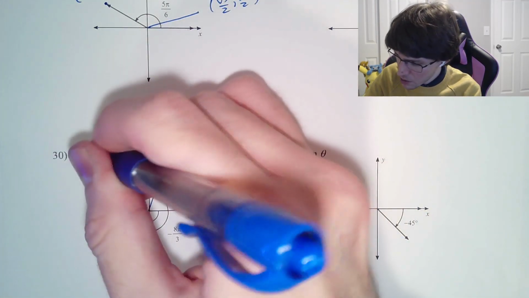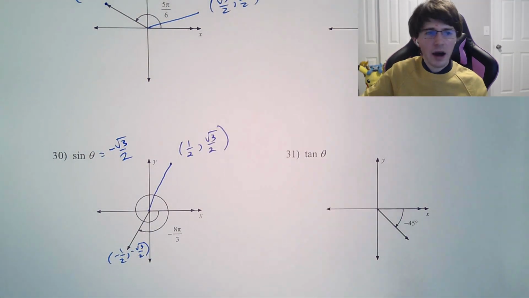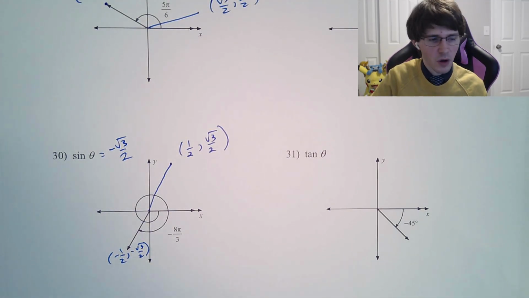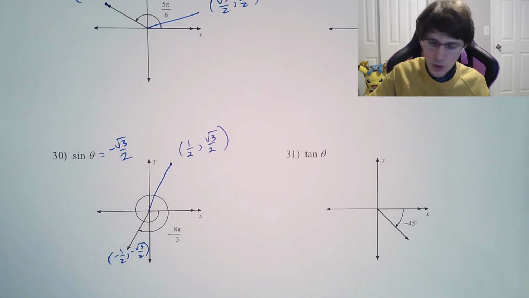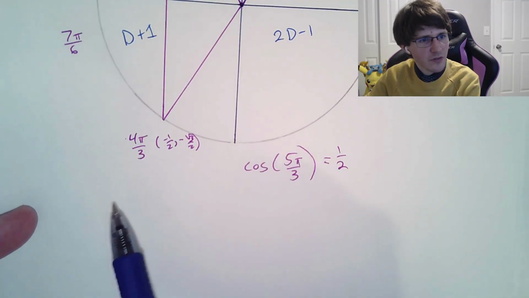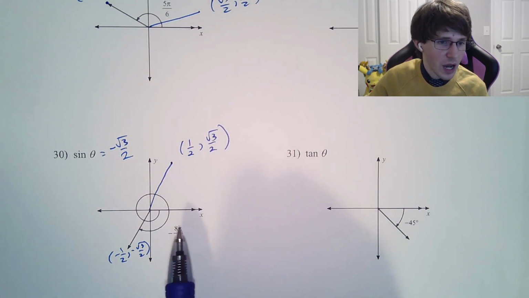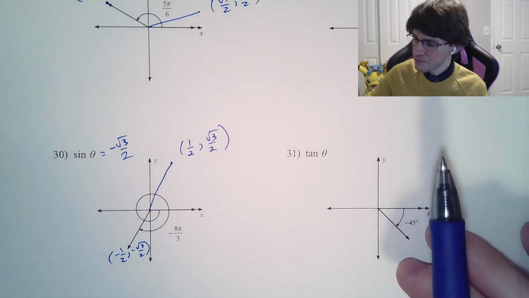The sine is going to be the y value of that, negative radical 3 over 2. We didn't have to add any 2 pi's. We didn't have to do any extra thinking. We just figured out where it was, or again, could have glanced at that unit circle that we did before, at that 4 pi over 3 value. You could have even added 2 pi twice to figure out this is 4 pi over 3, but it's a little bit of extra effort.